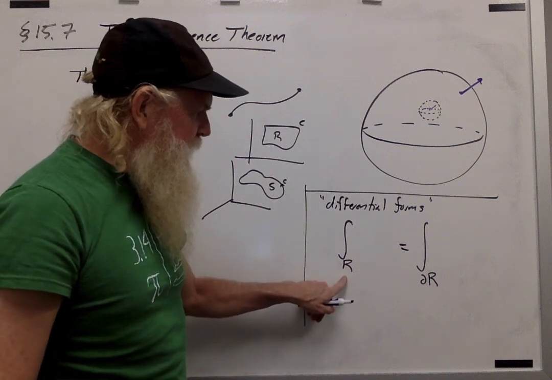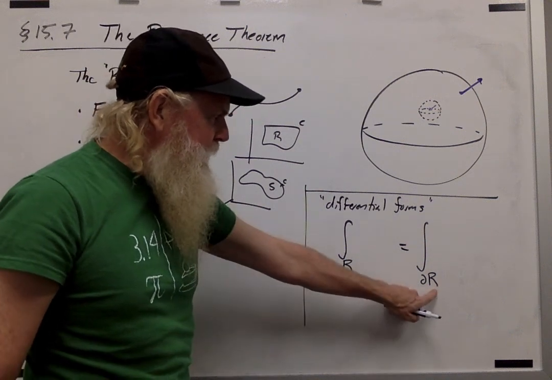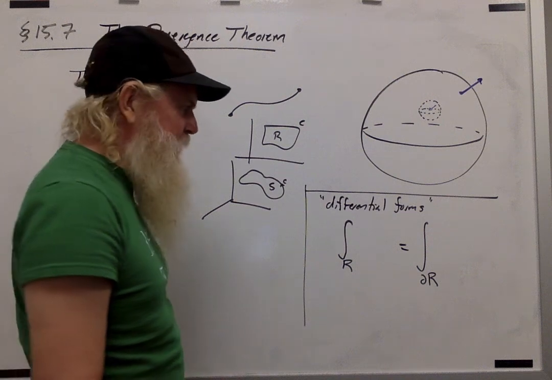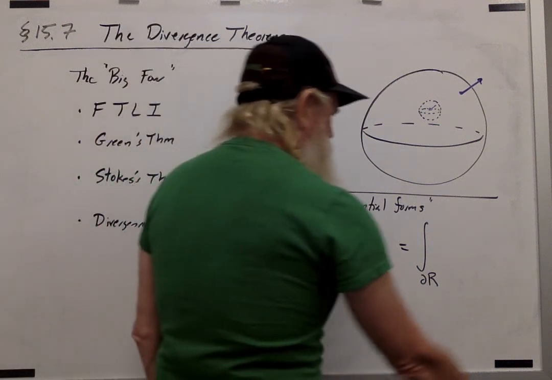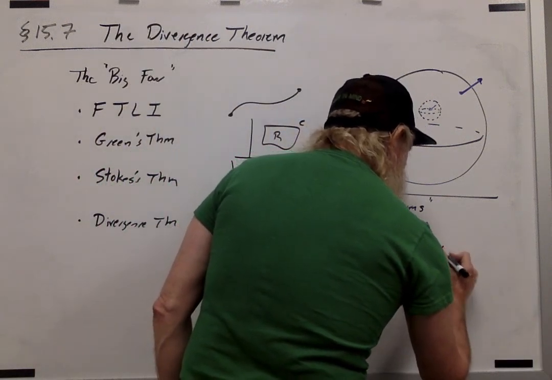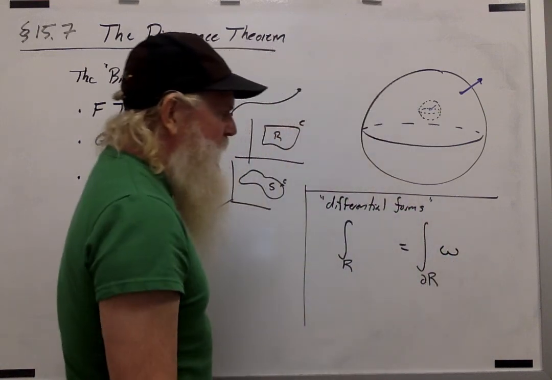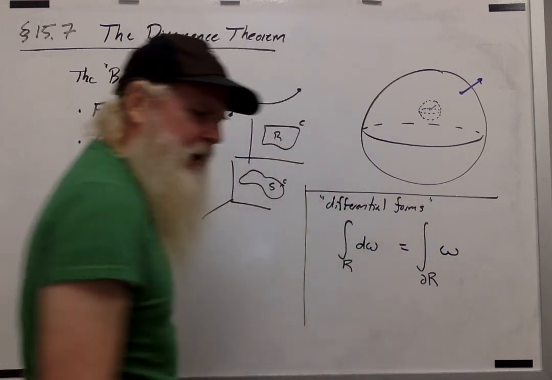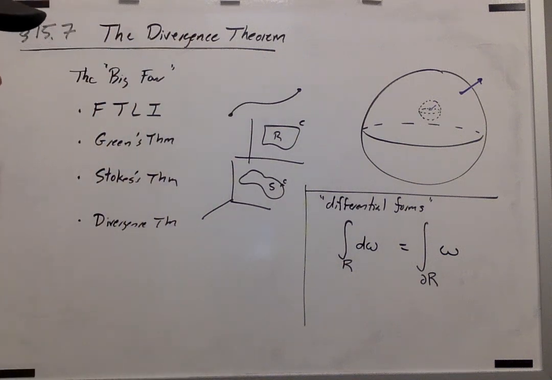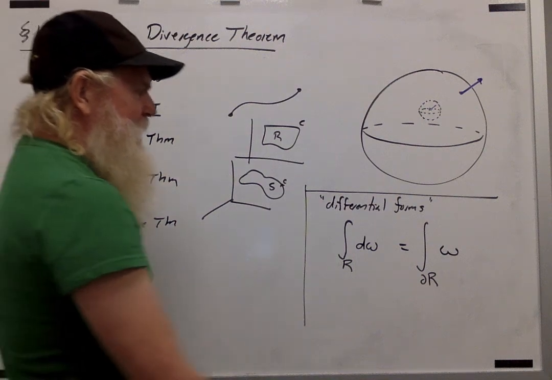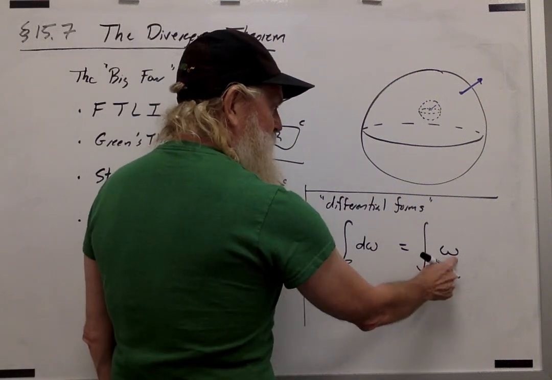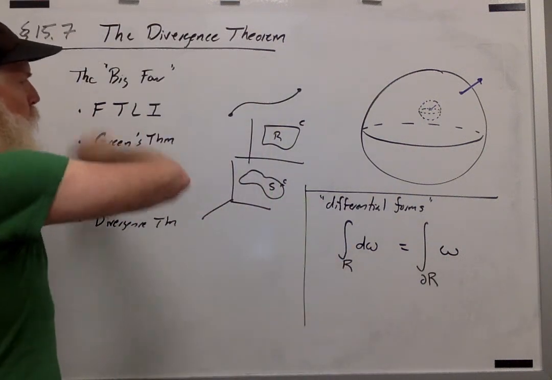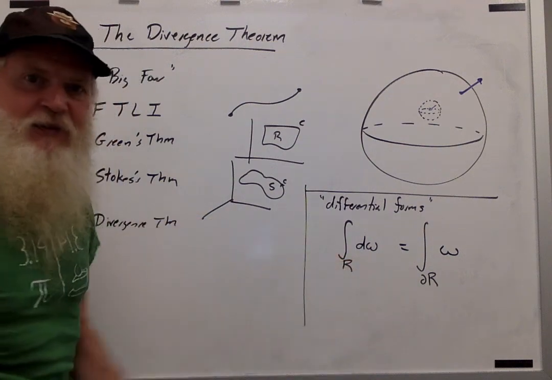So we're relating the integral over some object to the integral over the boundary of that object. And this is where the differential forms come in. Omega is the differential form, and d omega is the derivative, known as the exterior derivative of the differential form. So if you know the language of differential forms, all four of these theorems can be written in this very same way.